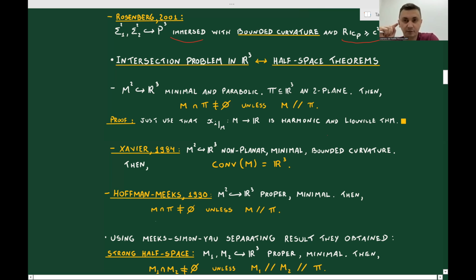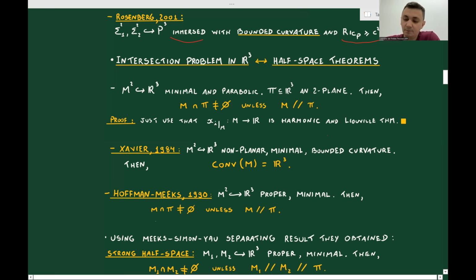Either this parabolic minimal surface intersects the plane, or they are parallel. So this result is very easy to prove because we know that the coordinate functions of the Euclidean space, when we restrict to a minimal surface, are harmonic functions.